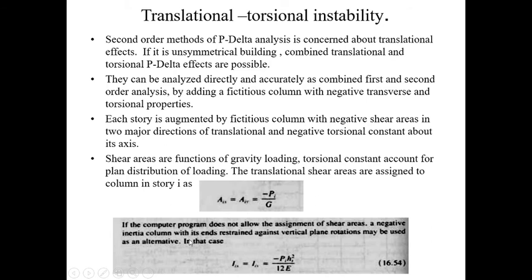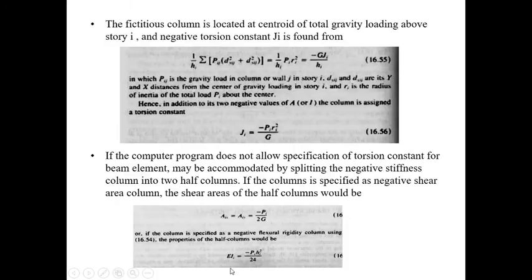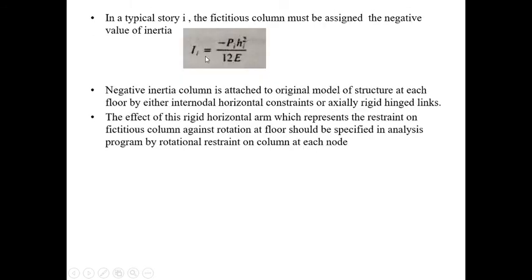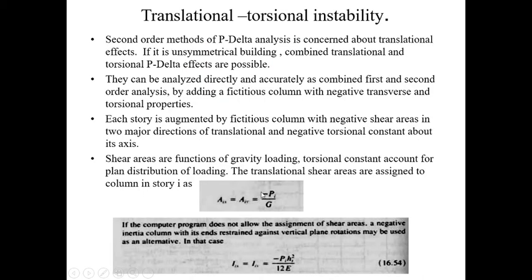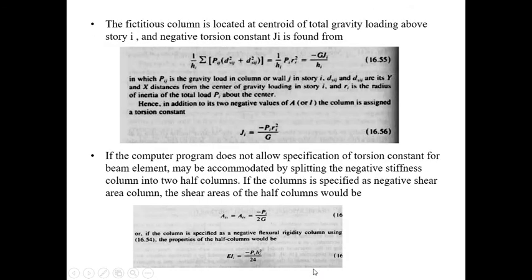Then a negative inertia column can be added wherein the vertical plane rotations are restrained, and it can be used with the previous formula, that is Pi Hi square upon 12E, in the X and Y directions. Okay, we can follow this method here.